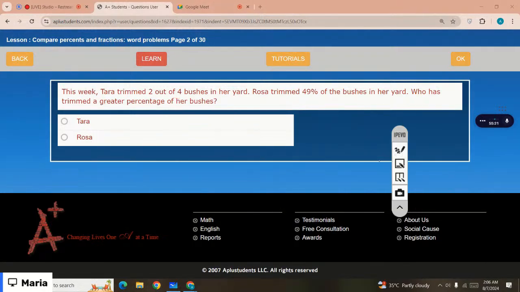Tara did 50%, right? So, that means Tara did more than Rosa. The correct option is option number 1.